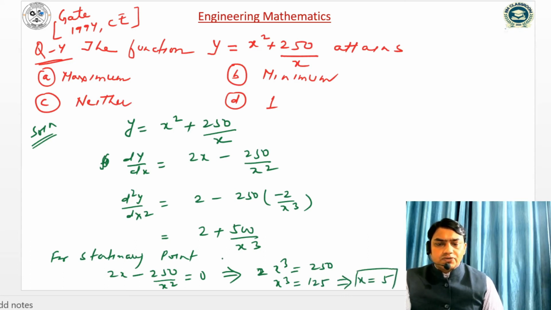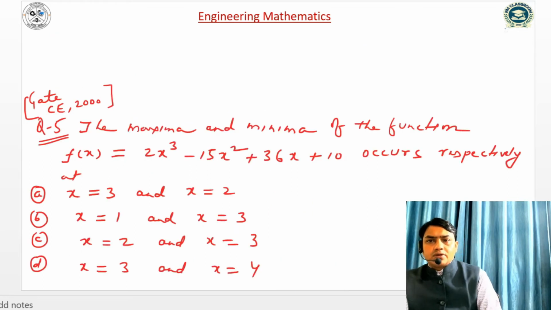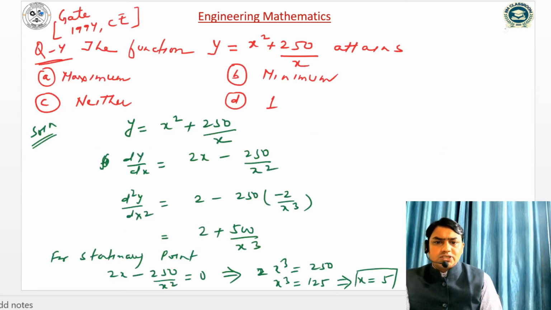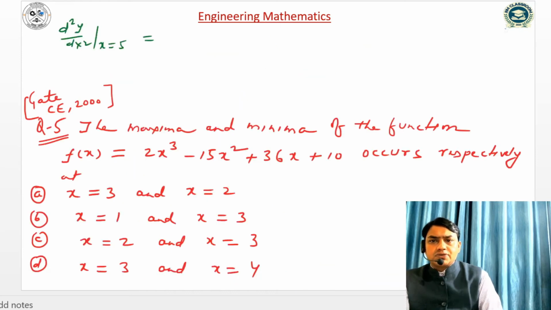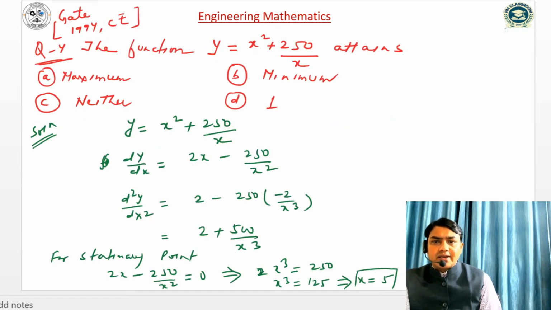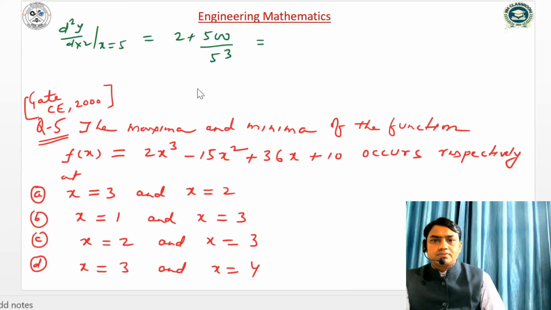Check the value of d2y by dx square, or f double dash x, at x is equal to 5. So d2y by dx square at x is equal to 5, that is how much? 2 plus 500 by x cube, where x cube means 5 cube. So it has some positive value, which means the function attains minima at x is equal to 5.